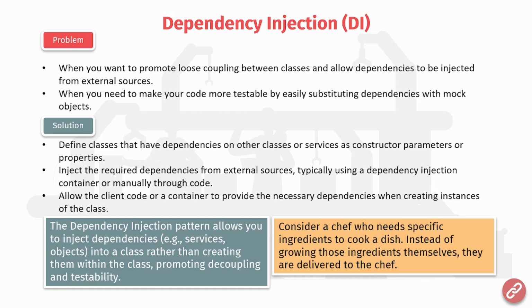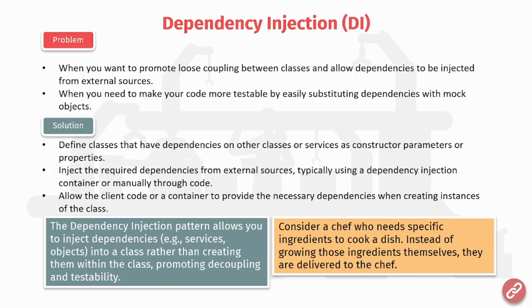And then we inject the required dependencies from external sources, typically using dependency injection, and sometimes we have to use a dependency injection container, meaning that all the third party or other dependencies are contained within a separate class, but you can do that manually through code as well, right?